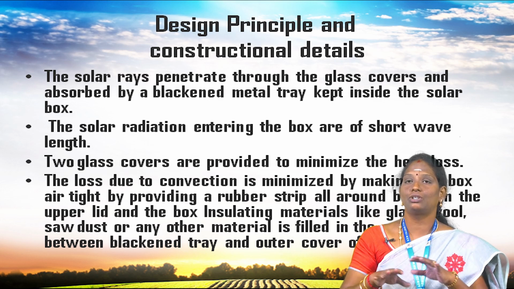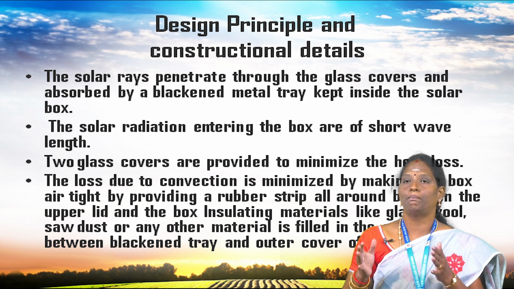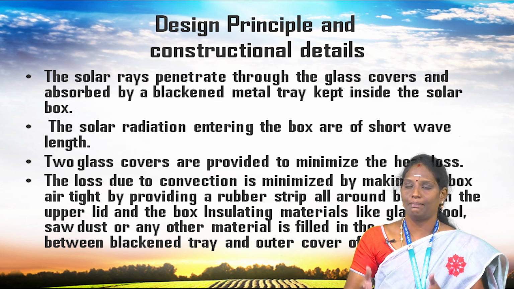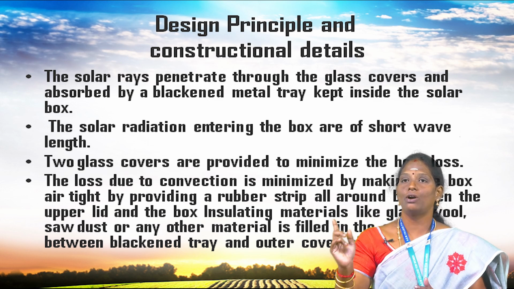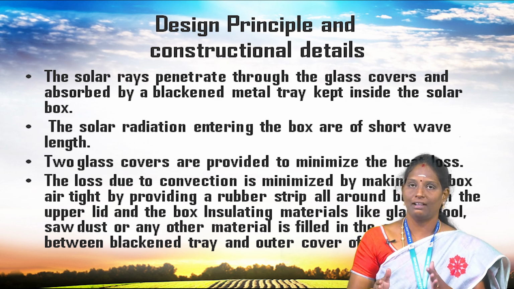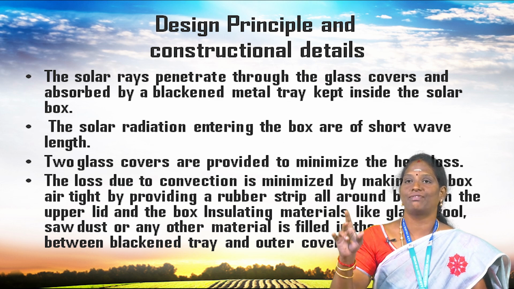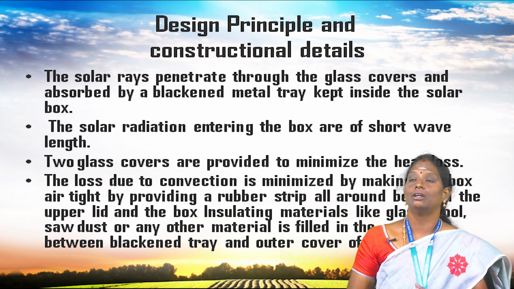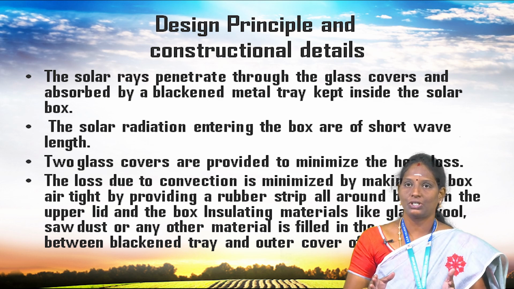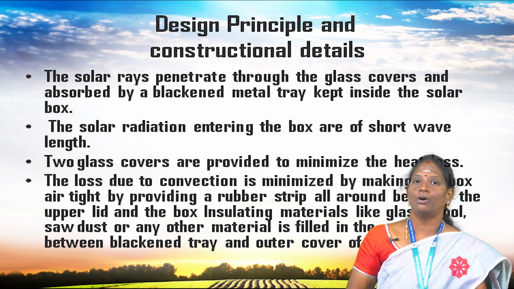The entire top cover can be made airtight with neoprene rubber. Sealing is provided around the contact surface of the glass cover, which is hinged on one side of the glass frame. A mechanism is provided to adjust the reflector at different angles with the cooker box.